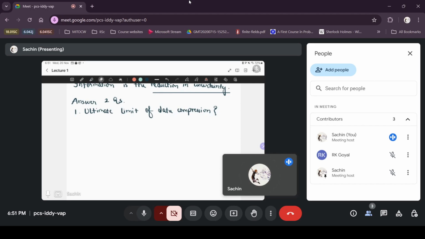Even images, JPEG, it's a compression standard. When you take a photograph, you won't be storing all the pixels in the photograph. You will be compressing it and storing much less, but you will make sure that you can reconstruct it anytime you want to view it with a good resolution.